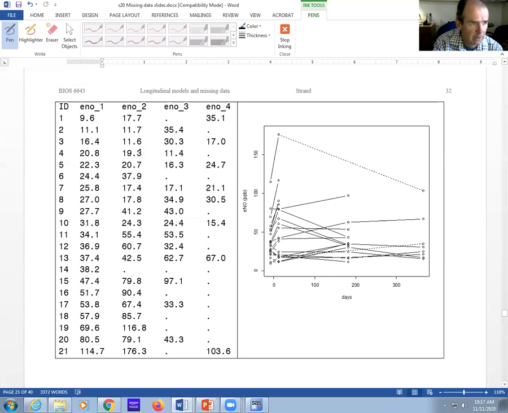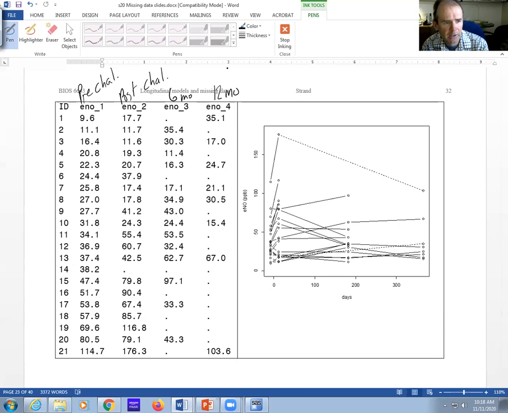So this is the pre-challenge, this is post-challenge, and then this is at 6 months, and this is at 12 months. We want to follow up and see whether these subjects were able to recover from the challenge over a longer period of time.